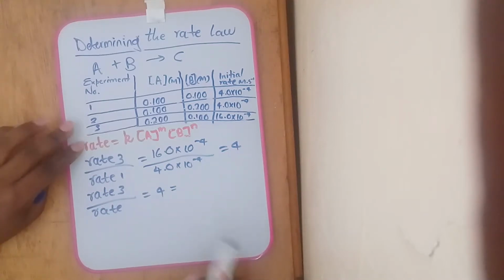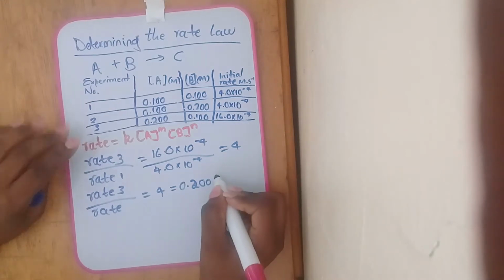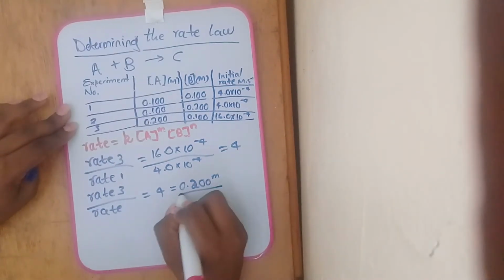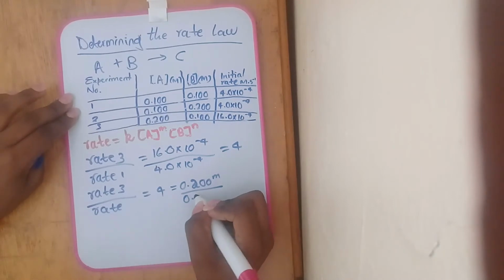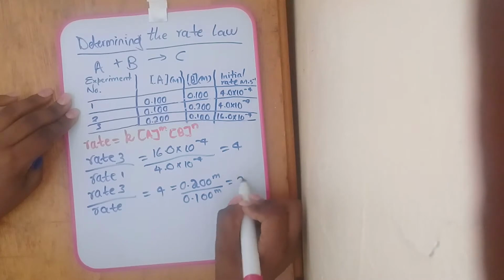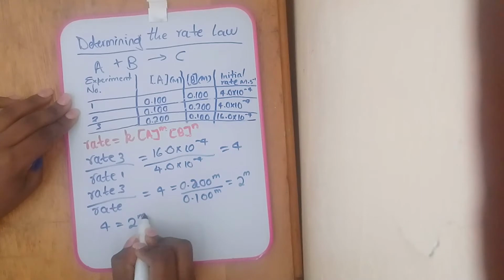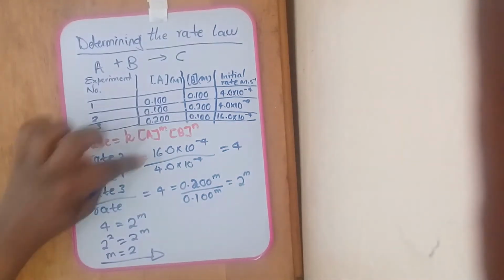For experiment 3 it was 0.200 to the exponent m over experiment 1, 0.100 to the exponent m, which equals 2 to the exponent m, and then we're left with this. To find the value of m, 4 is the same as 2 to the power 2, which is equal to 2 to the m, and our m is equal to 2. So this reaction is second order in A.